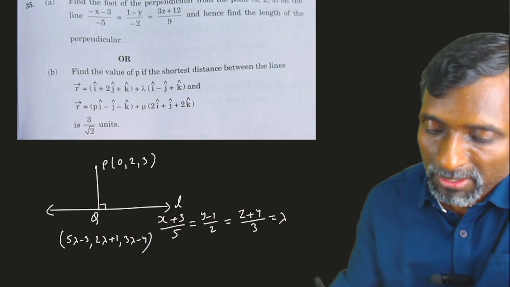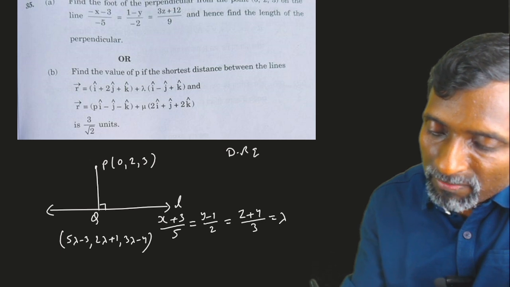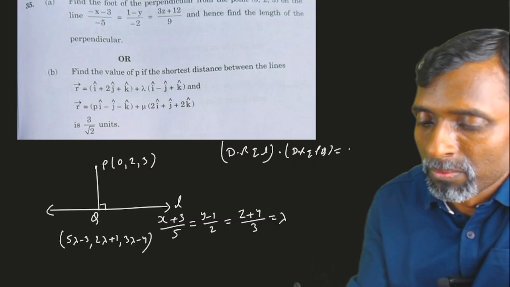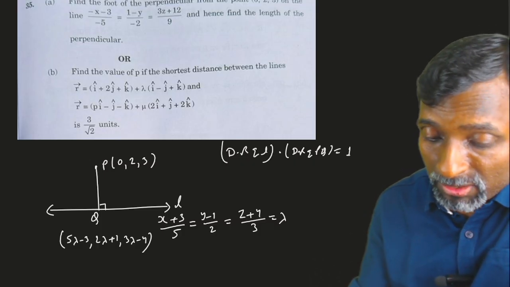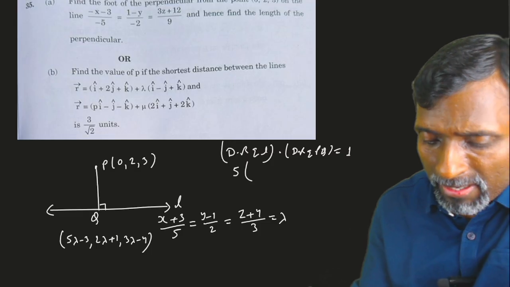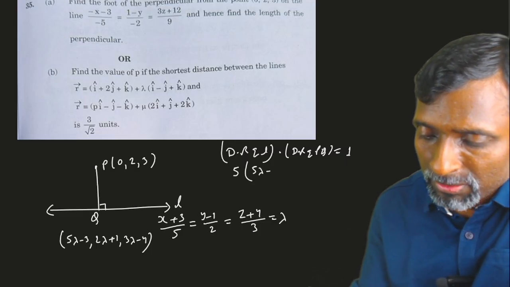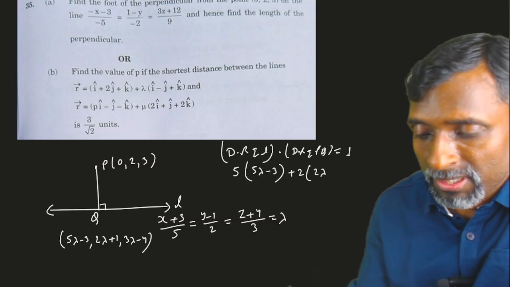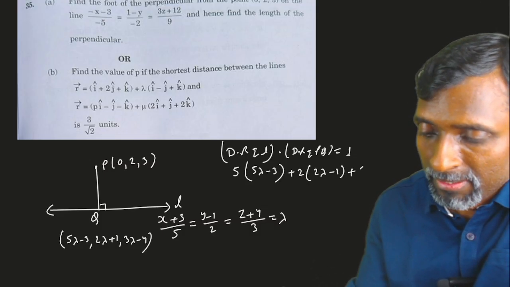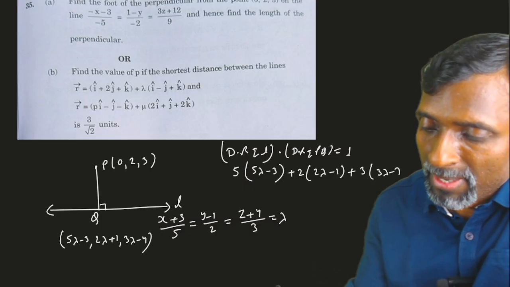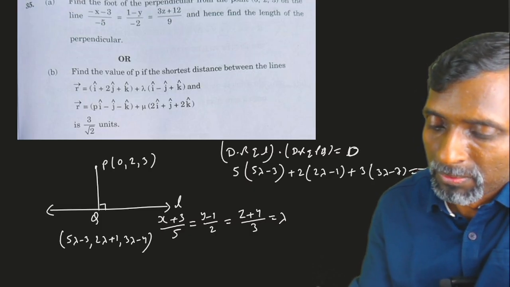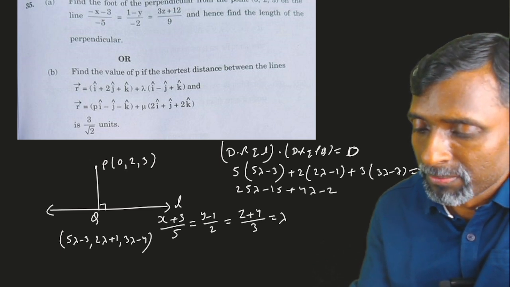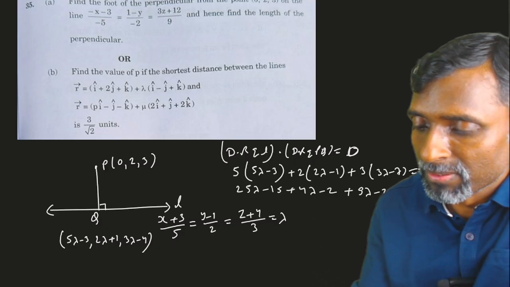The direction ratio of L dot the direction ratio of PQ will be equal to 0. So 5 multiplied by 5 lambda minus 3 minus 0, plus 2 multiplied by 2 lambda plus 1 minus 2, which is minus 1, and plus 3 multiplied by 3 lambda minus 7 is equal to 0. So it is 25 lambda minus 15 plus 4 lambda minus 2 plus 9 lambda minus 21 is equal to 0.